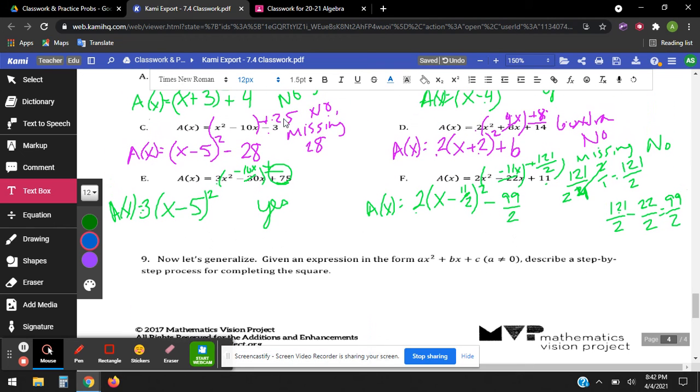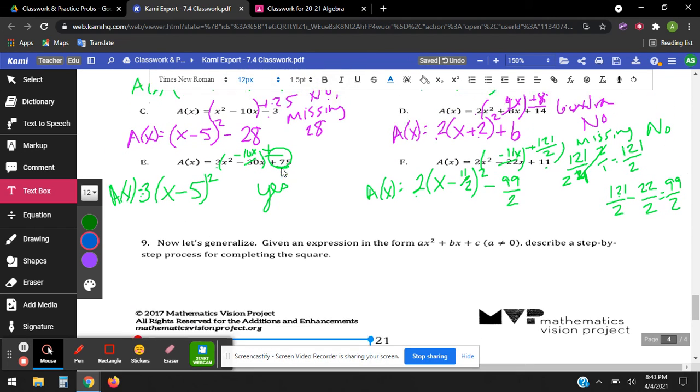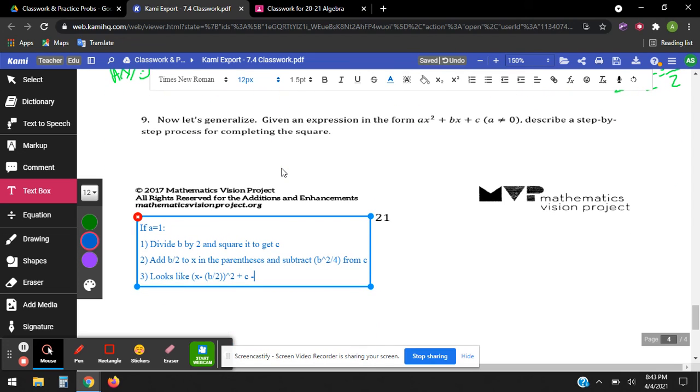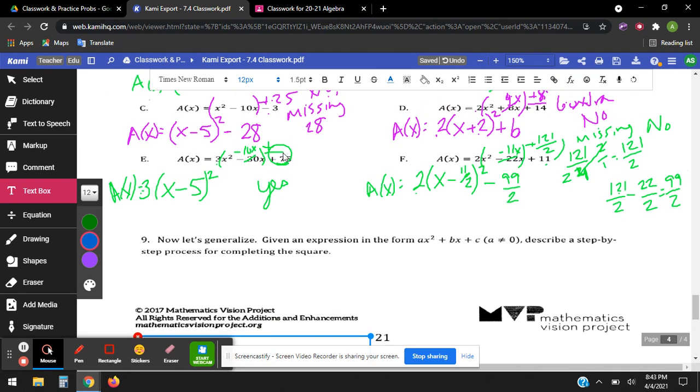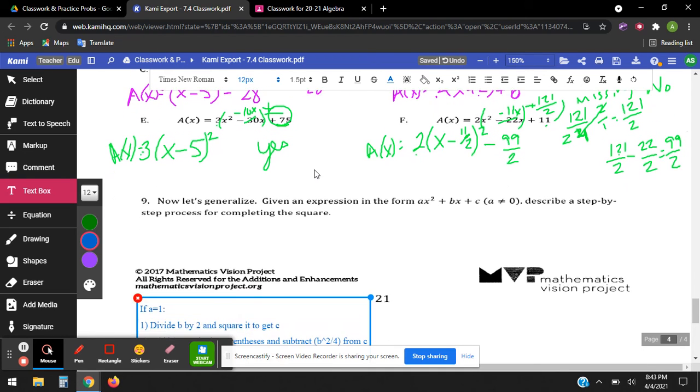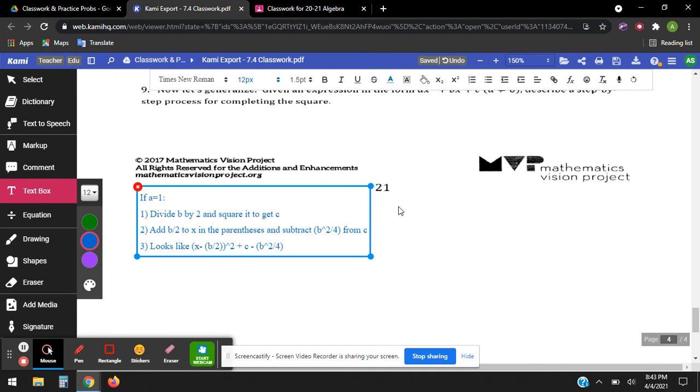We figured out what we added up here. And then we had to take away our b squared divided by 4. We had to take away, find the difference between these guys, what was there and what wasn't there.